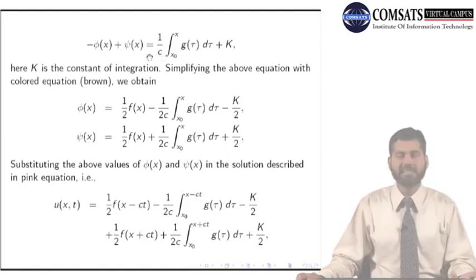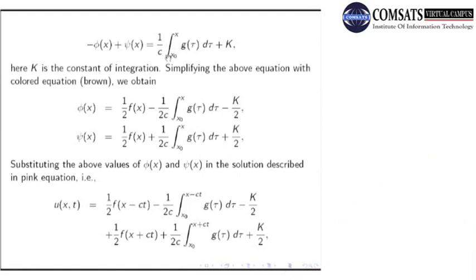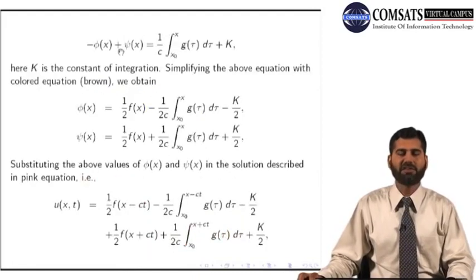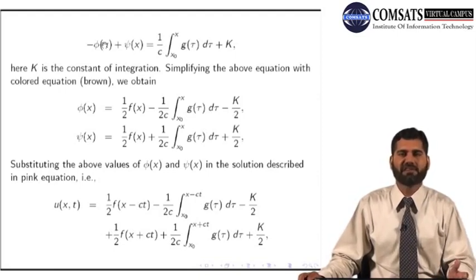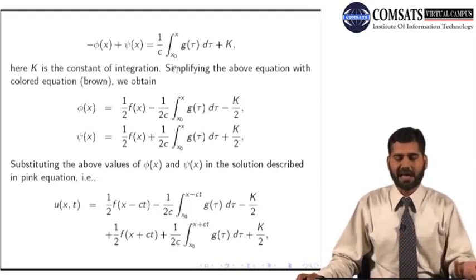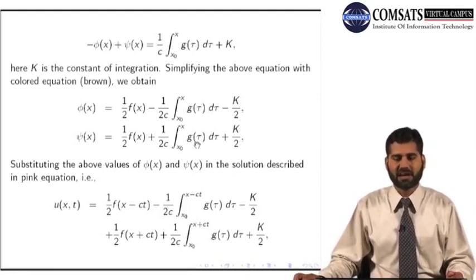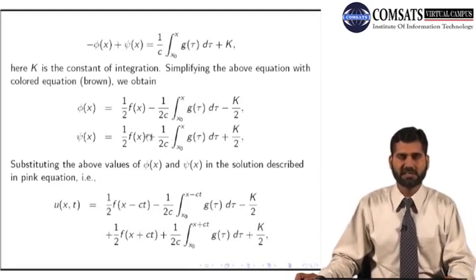And I divide by c on the right hand side. Now you see I got phi plus c, and here I got minus phi plus c. If I add these two equations, I'll get c(x). If I subtract these two equations, I'll get phi(x). So once by adding and then by subtracting, I will get phi(x) given by this and c(x) given by this. So I got both functions in terms of f and g.